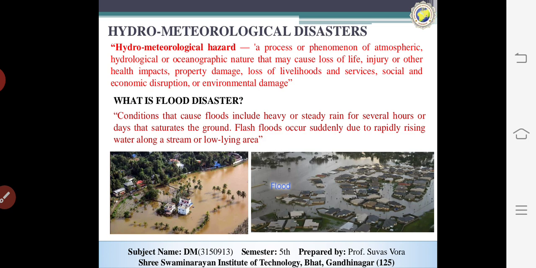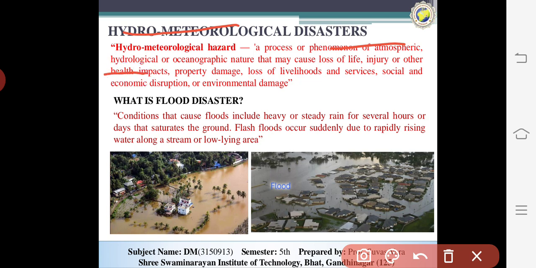So first of all, what are hydrometeorological disasters? What is the definition of hydrometeorological disasters? The process or phenomenon of any atmospheric, hydrological, or oceanographic nature that may cause loss of life, injury, and other health impacts, property damage, and loss of livelihoods and services, social and economic damage.